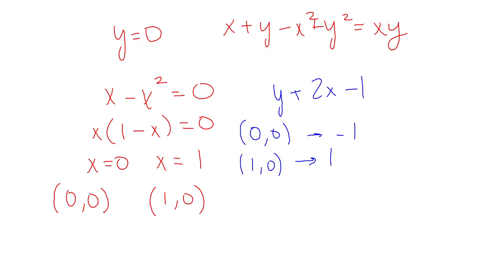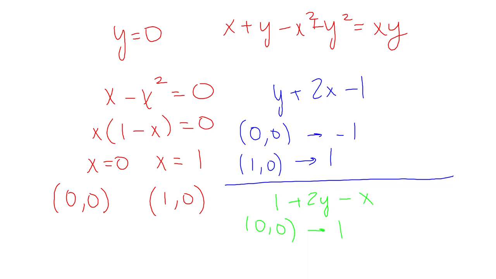Then we need to go back and test them once again in our denominator, which was 1 plus 2y minus x, just to confirm that those coordinate pairs actually solve both equations. If I plug (0, 0) into that, I end up getting 1, which is not 0.